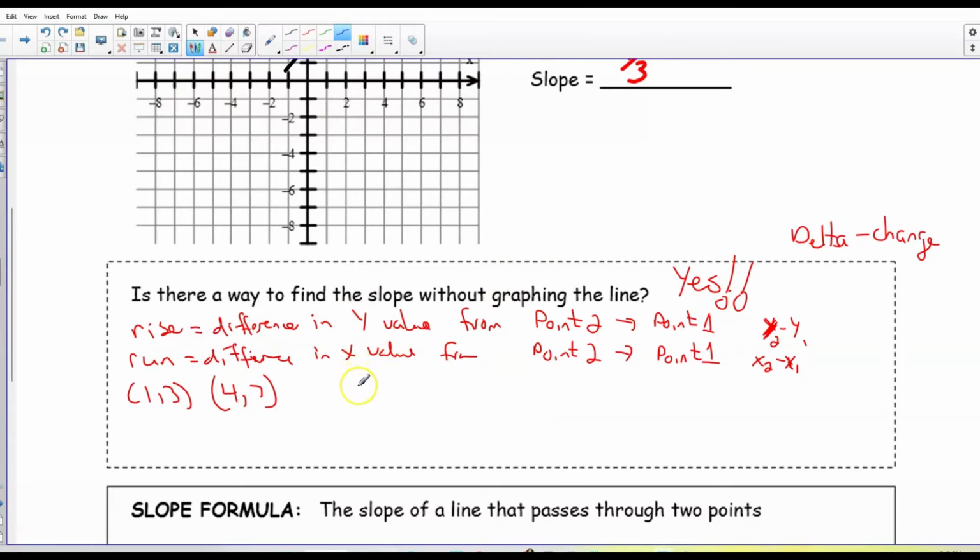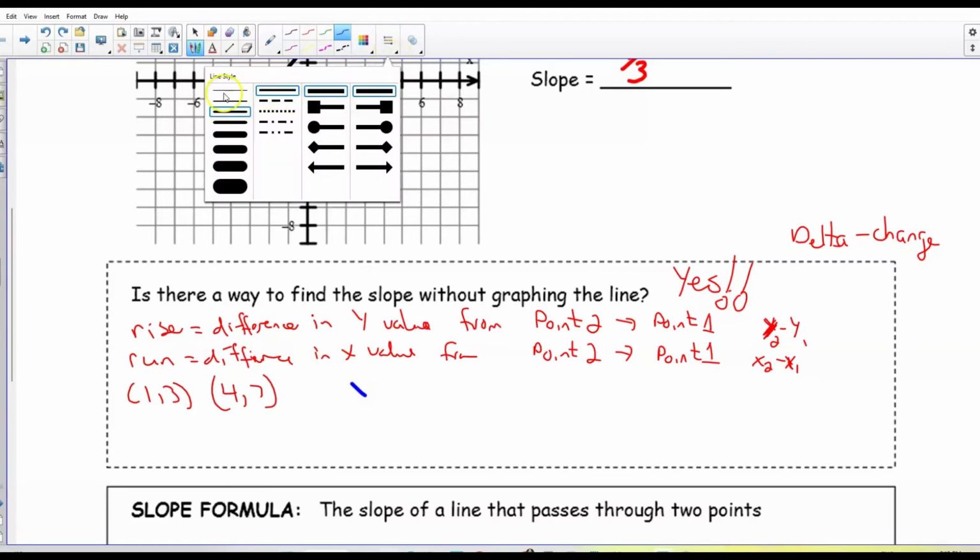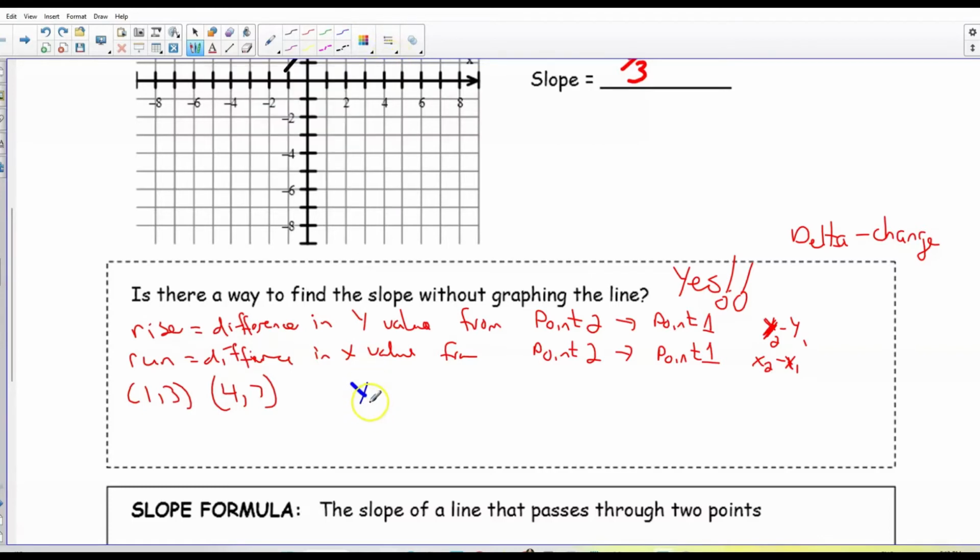Well, our change in y values, if we looked at y2 minus y1, so it would be y2 minus y1, which would be 7 minus 3, which equals 4.